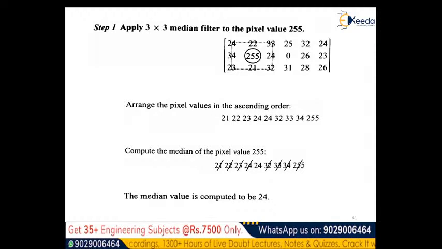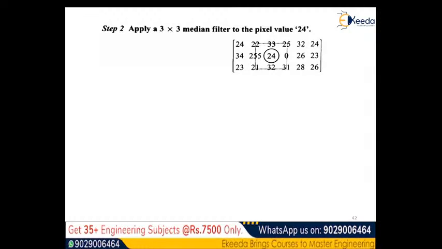We have to replace the value that is affected by the salt type of noise, represented by 255, with the new value as per the median filtering. So this is a non-linear type of spatial filtering. Now we move forward and represent it in this particular form.